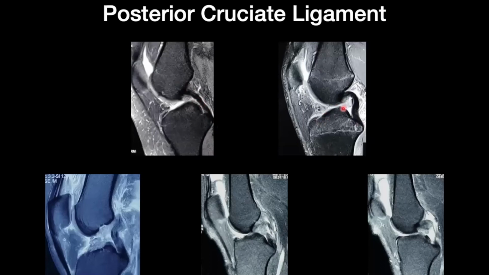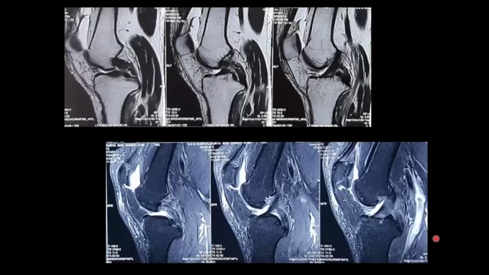Whenever there is an ACL tear, this normal PCL shadow is changed and it becomes more of a question mark type. When there is a tear of ACL, there may be direct signs like detachment from the femoral side, or there may be indirect signs like intrasubstance signals within the meniscus, or detachment from the tibial side.